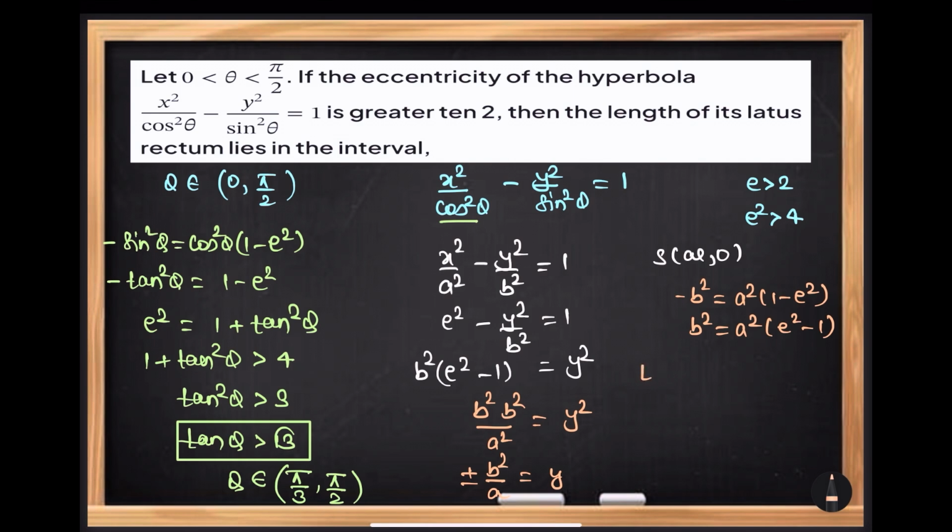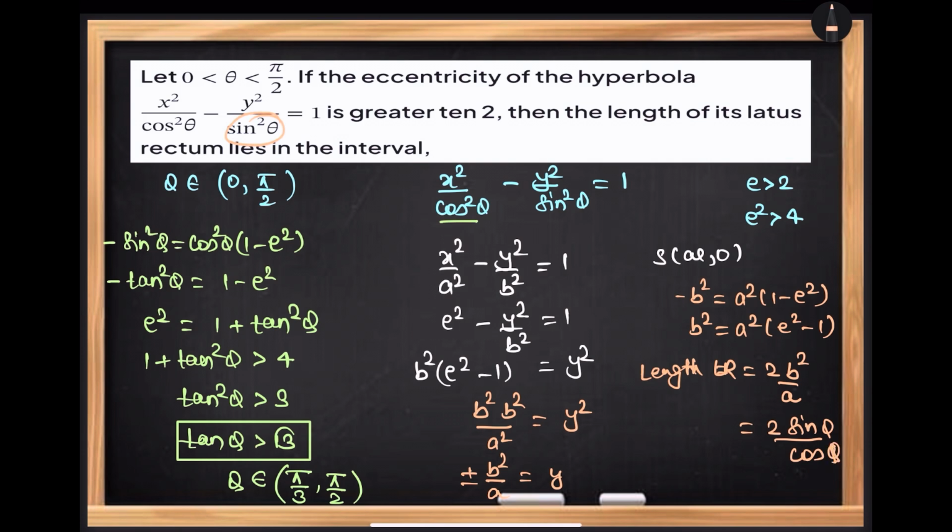So can I say that the length of the latus rectum will be 2 times the y coordinate, b square by a? So 2 is 2, who is b? B is sin theta. So sin square theta upon — who is A? Sorry, A is cos theta.